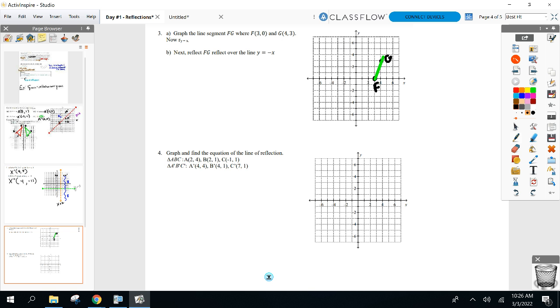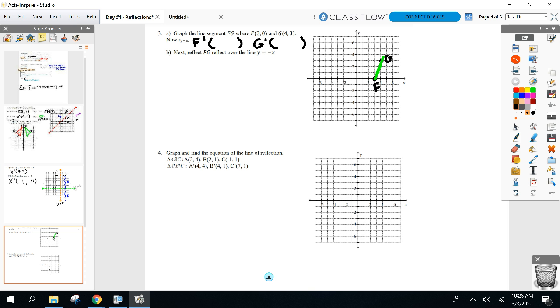Now, and I put this in symbolic form, reflect it through what line? Y equals X. I just gave you a rule for that. Go back and look if you need to. Then tell me what F prime and G prime are going to look like.